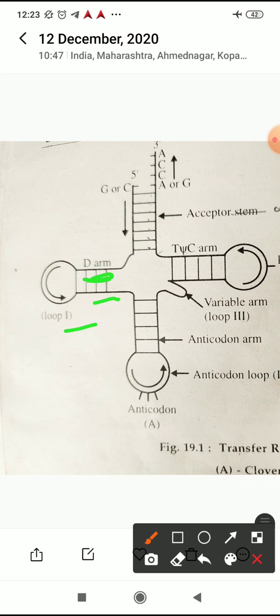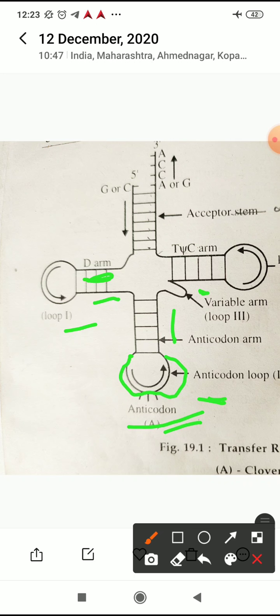Then D arm followed by anticodon loop. So this is the anticodon loop, and see the anticodons over here. This is anticodon arm, and here a loop 3. See here loop 3. This is loop 2. Loop 3 is of variable arm.